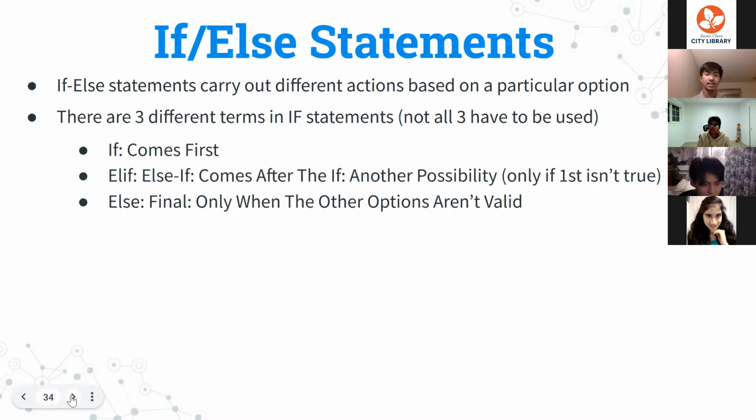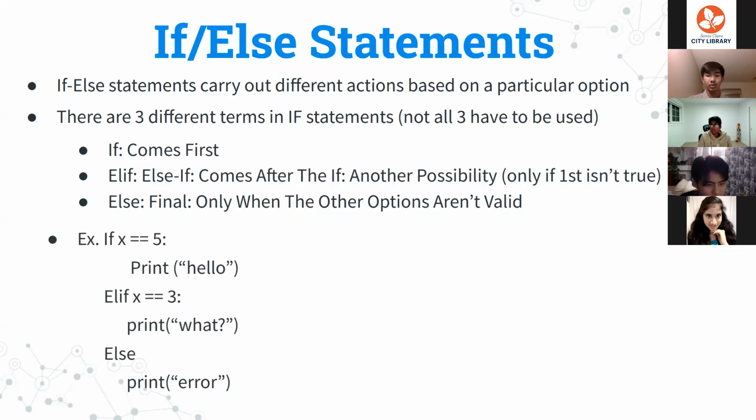The next is an else if statement, which comes after the first if statement, and basically it presents another possibility if the first condition is not met. And the last of the if statements is the else statement, and it is the last statement and is usually run if no other conditions are met.